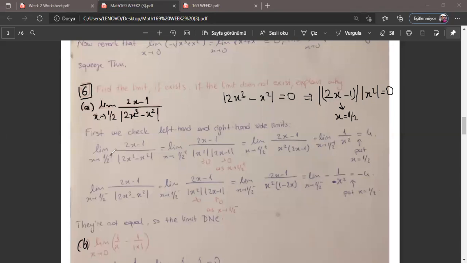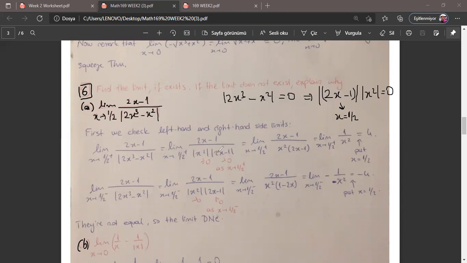Now, when we're approaching from right, what happens? Here we rewrite this denominator. This is always greater than 0, so we can rewrite it without using the absolute value. And what about this one? We have 2x minus 1 in the absolute value. When we're approaching 1 over 2 from right, we plug in x values greater than 1 over 2.